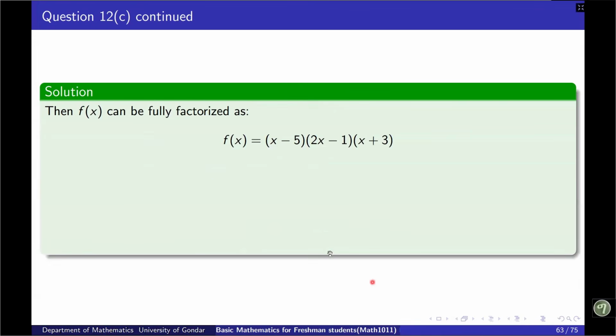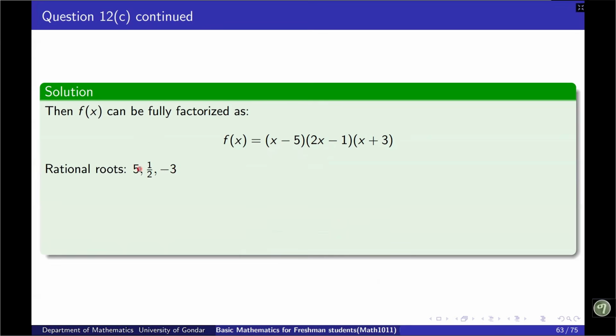Then totally the function f of x can be factorized as x minus 5 times 2x minus 1 times x plus 3. Then from the linear factors, the roots of the given polynomial function are 5, 1 over 2, and minus 3.